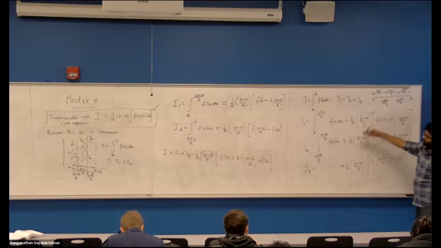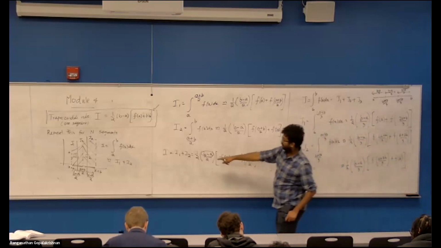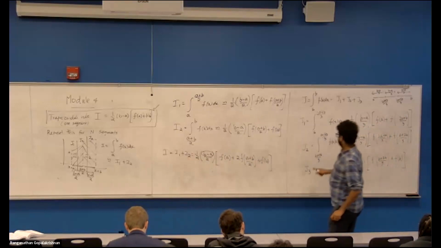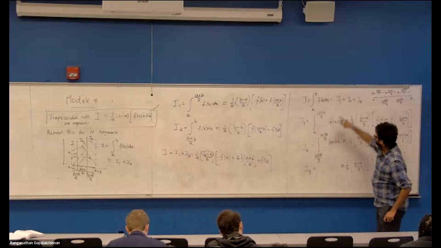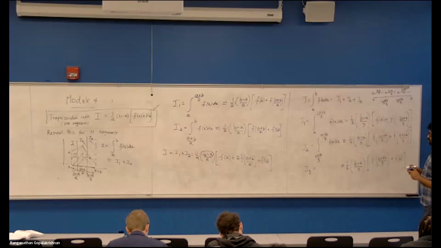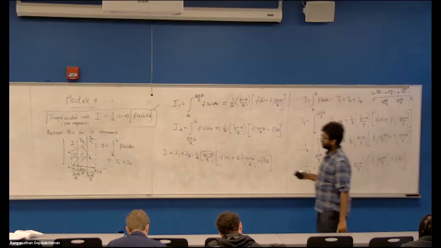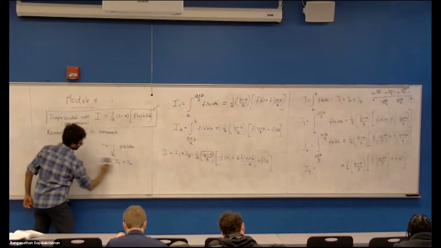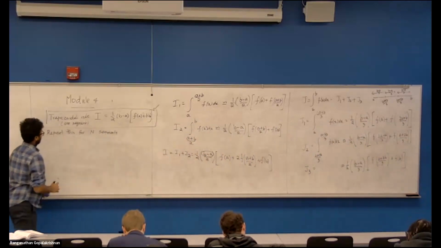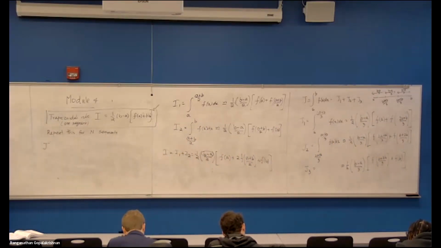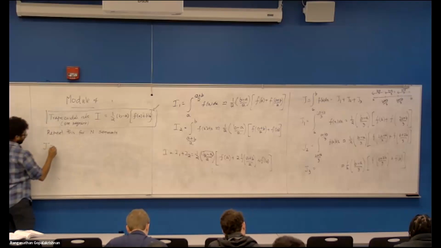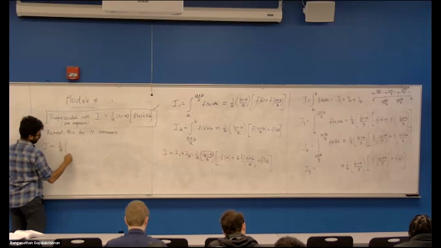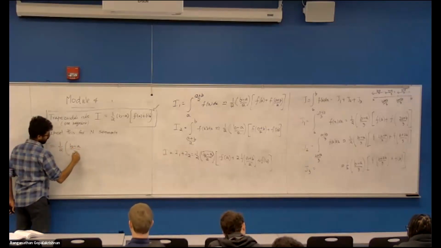So the complete value would be, just like we did I1 plus I2, we have to do J1 plus J2 plus J3. Let me write it here for the sake of completeness. J equals 1/2 of (b minus a) over 3.